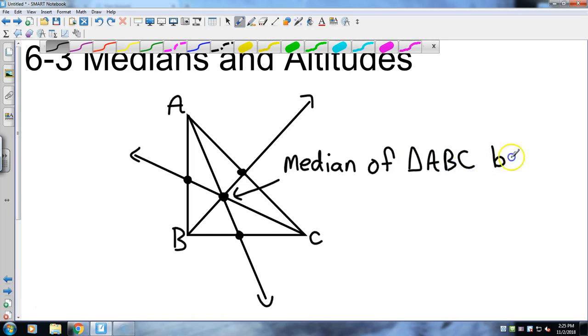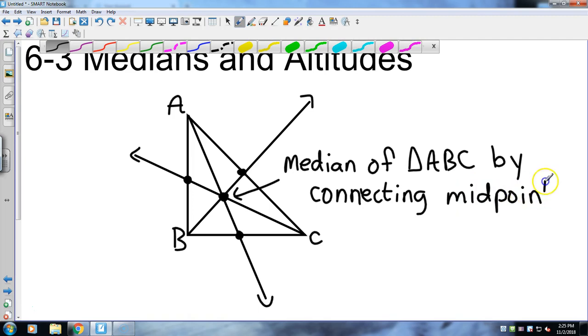And we found it by connecting midpoints to opposite vertices.